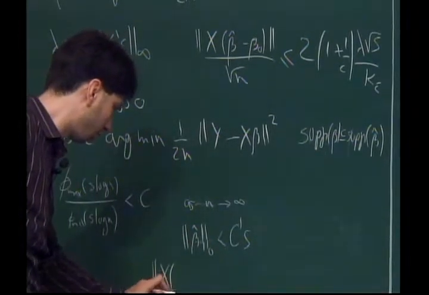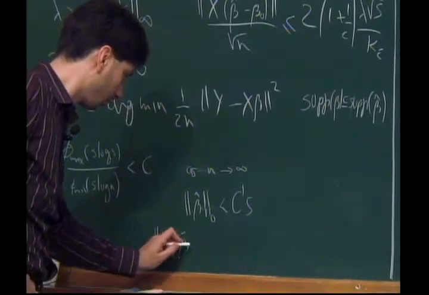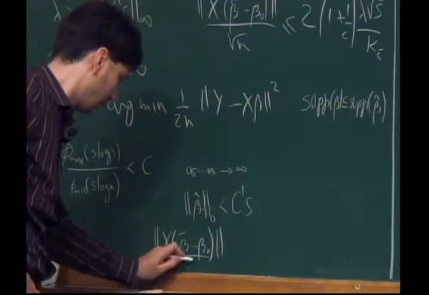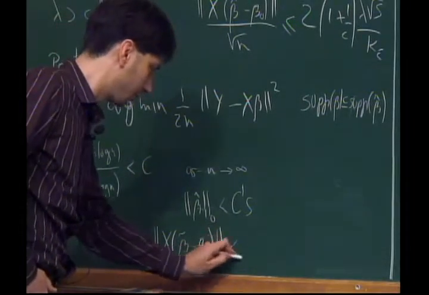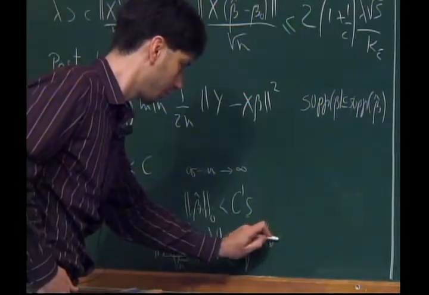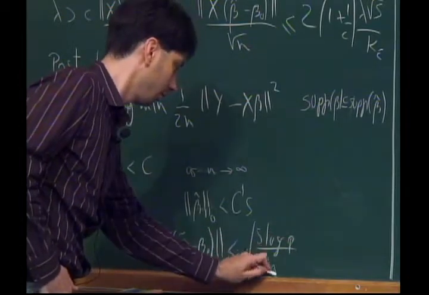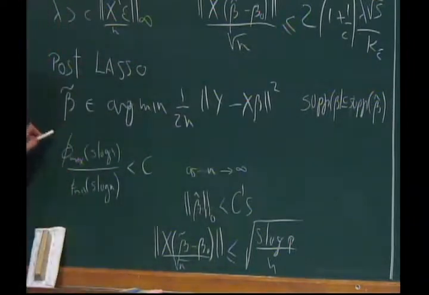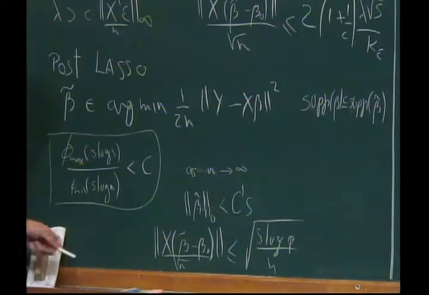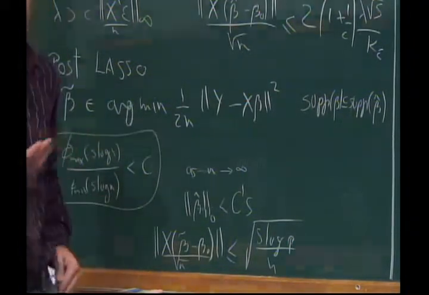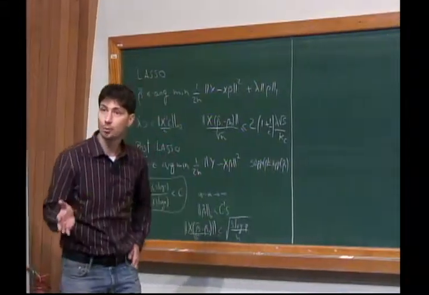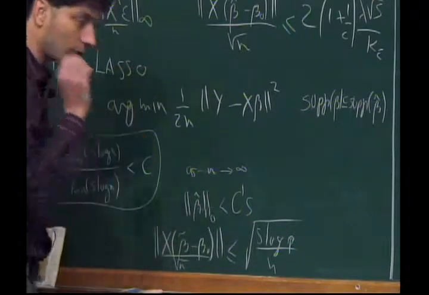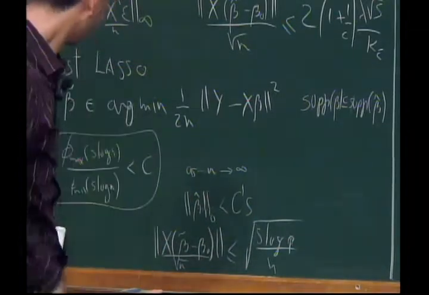And the prediction norm for post-Lasso actually becomes square root of S log p over n, which will be the same rate as for Lasso. So under nice designs, post-Lasso, which is a device to try to remove bias, remove the shrinkage after you select the variables, achieves the same rate of convergence as Lasso.